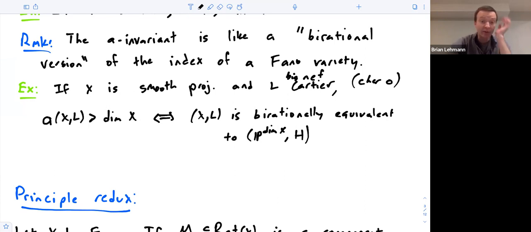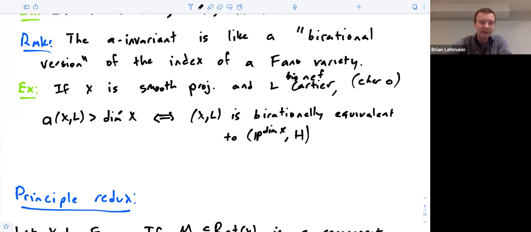So we have a similar theorem for the index, right? The only possible index which is larger than the dimension is the dimension plus 1, and that only happens for projective space. This statement is saying that a similar type of classification happens for the Fujita invariant. So if the Fujita invariant is larger than the dimension of X, then basically projective space is the only example, up to birational equivalence.